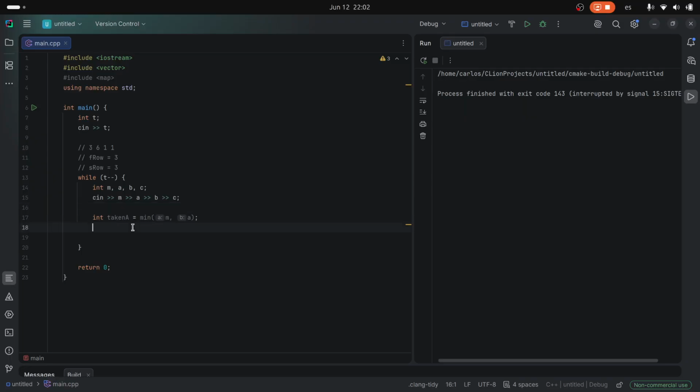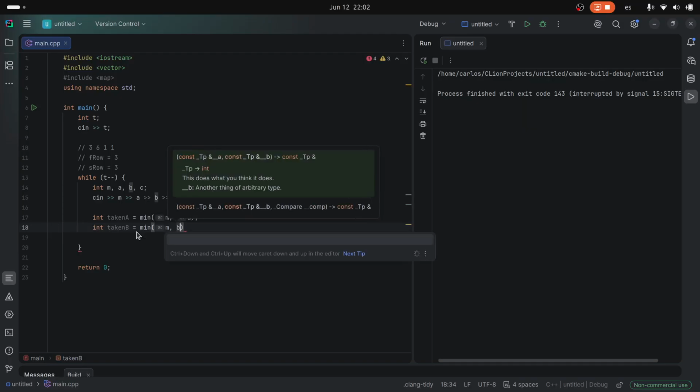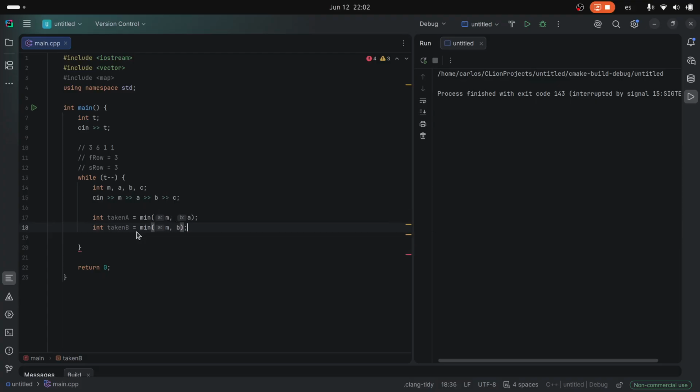So the lesser value of those two is 3, which is how many monkeys we can seat. Hope that makes sense. And we're going to do that exact same thing for b. We use m again because both rows have the exact same number of seats. Exact same logic.